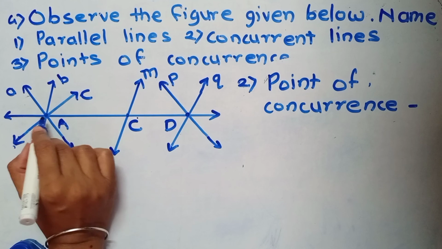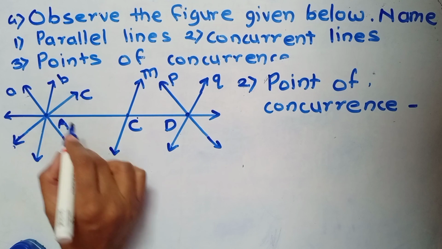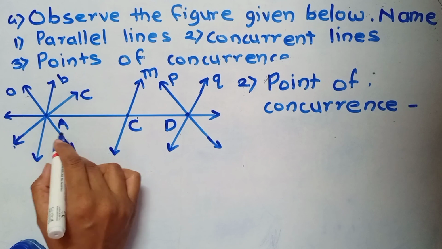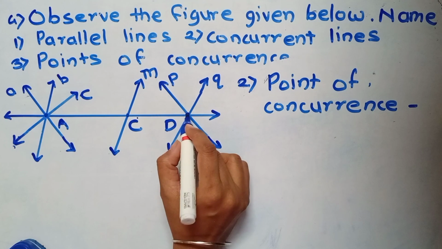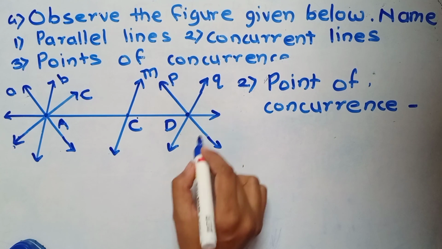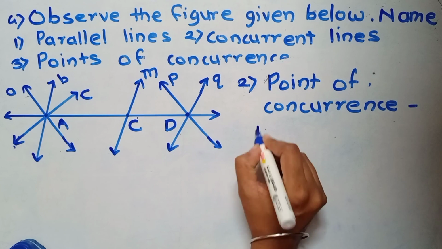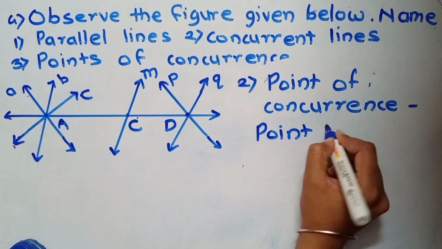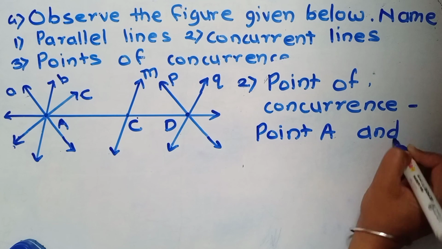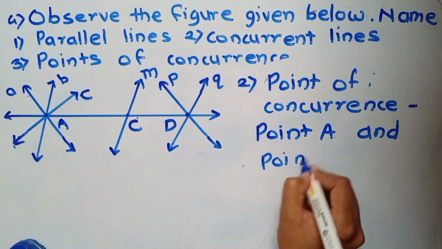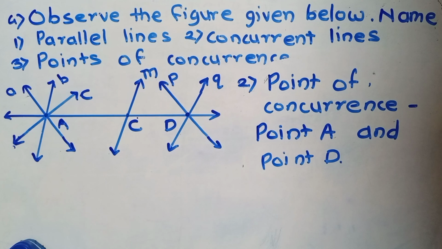So you have to see the point A. There are many lines passing through point A and point D. These are the lines which are passing through the point D. So these are the points of concurrence. Point A and point D.